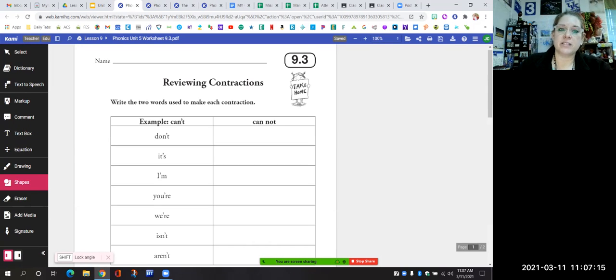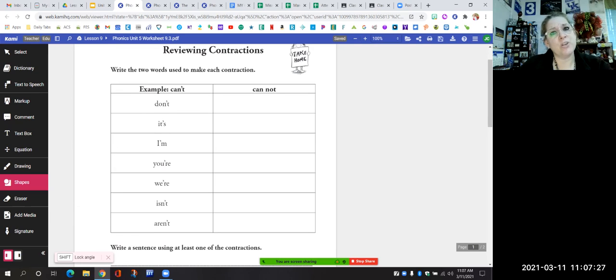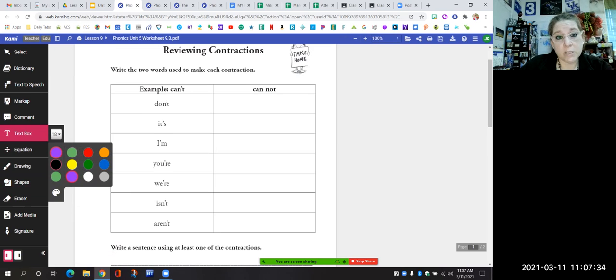All right. So the first section gives you the contraction. You are going to tell me what the two words are that make up the contraction. I know we haven't talked about some of these, but I'm sure that you and your parents can easily figure these out. So let's think about the word don't.